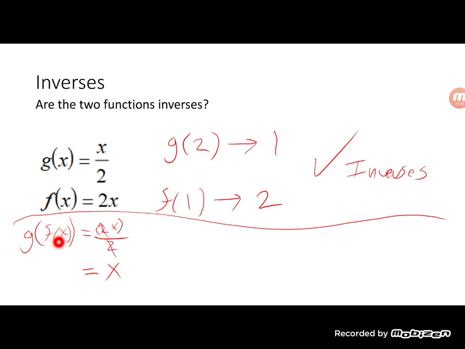If this completely counteracts it, you're going to get out just an x. This one got undone by this one, or this one got undone by this one, whichever way you want to think of it, and they gave you out just the original x value that you plugged in. You plugged in an x, you got out that same x. It did it, and then it undid it. That's the whole idea. So these are also inverses.